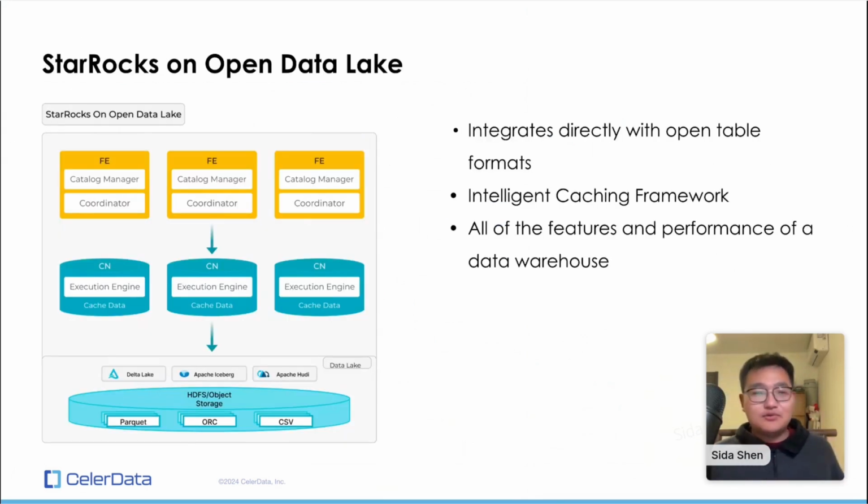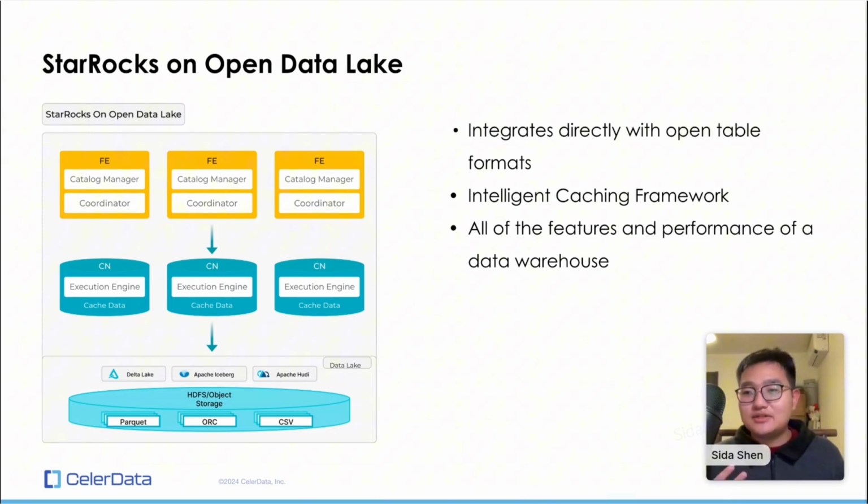And that's exactly what they did. Because they were a StarRocks user from the beginning, they use StarRocks plus Apache Iceberg just for this task. StarRocks actually works on open data lakes as well, as a query engine. So it integrates directly with many different open table formats, such as Iceberg, Delta Lake, and Hudi.